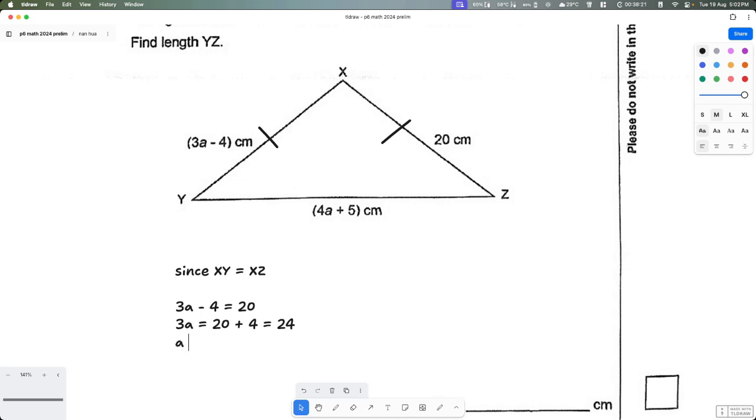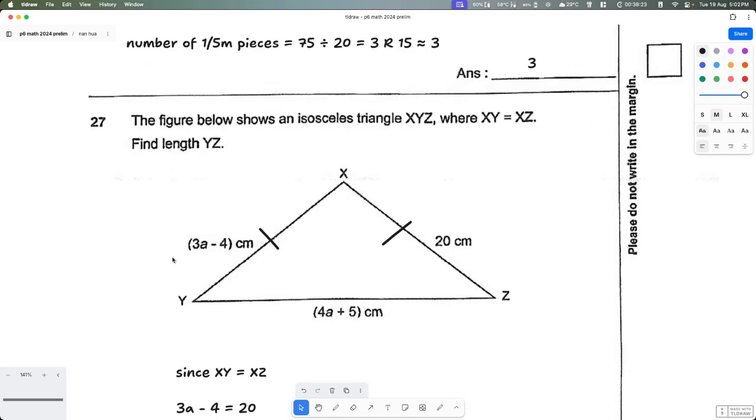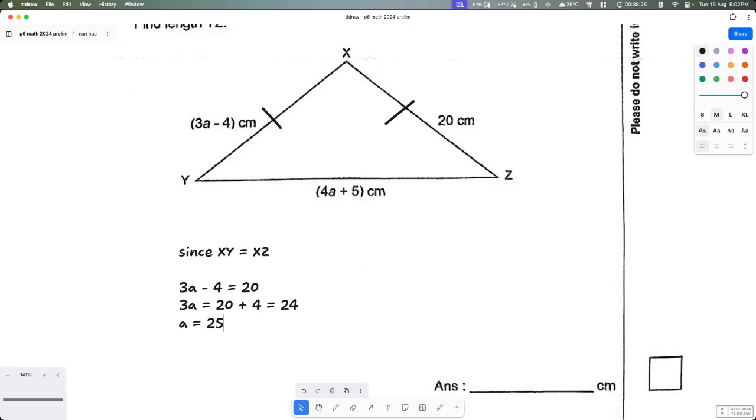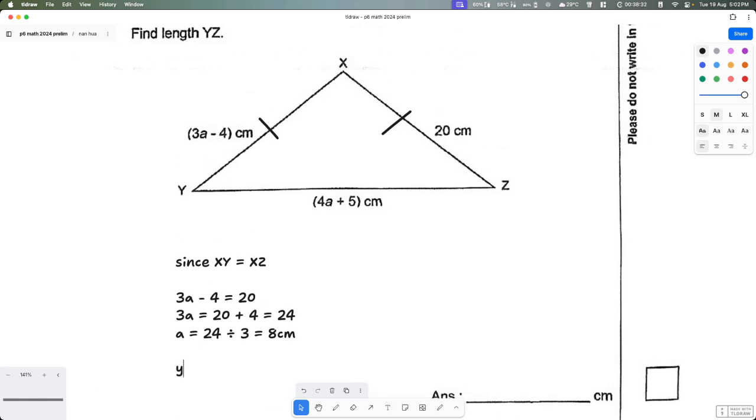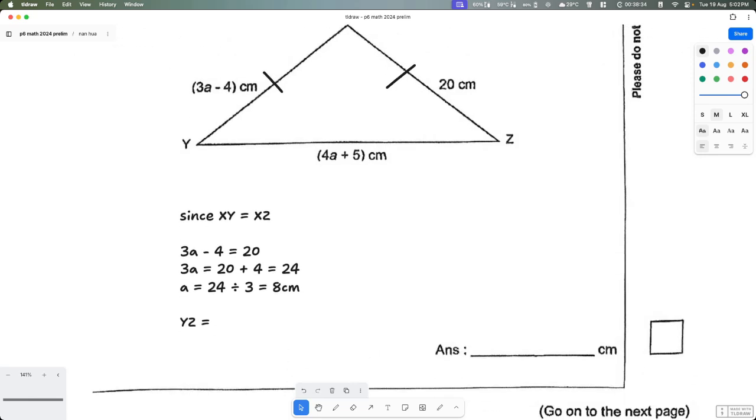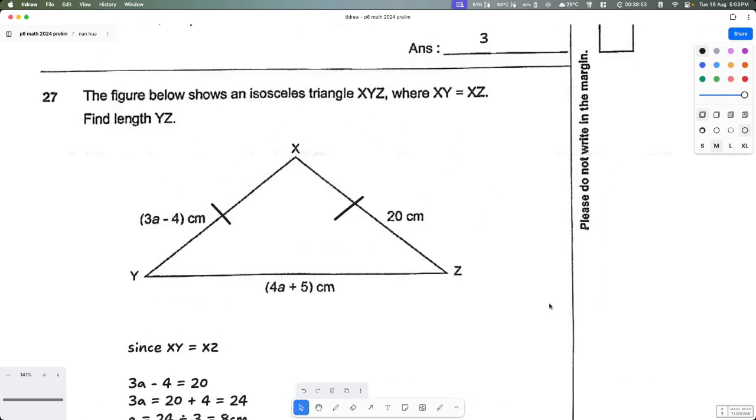Then a is equal to 24 divided by 3, which is 8 centimeters. So YZ is equal to 4a plus 5, which is 4 times 8 plus 5, which is 32 plus 5, which is 37 centimeters. There you go. So the answer is 37. All right, let's move to the next question.